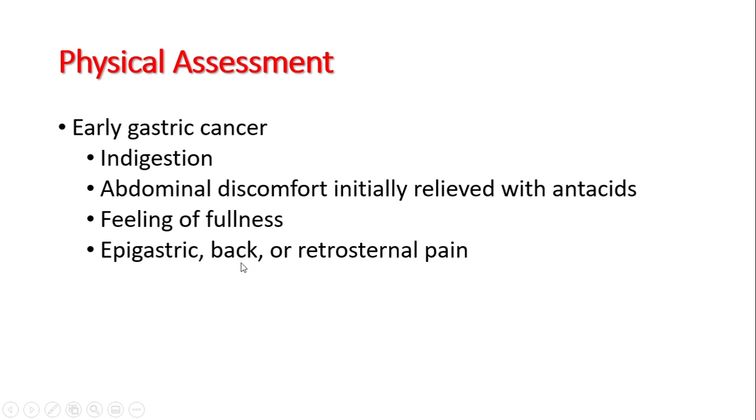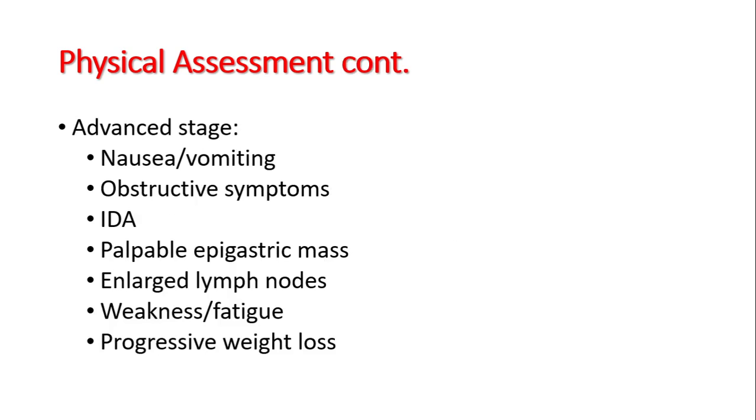Epigastric pain, back pain, and retrosternal pain all can happen, especially in the advancing state. Nausea, vomiting, and obstructive symptoms, that is pyloric obstruction due to obstruction of the pyloric sphincter by the expanding tumor.